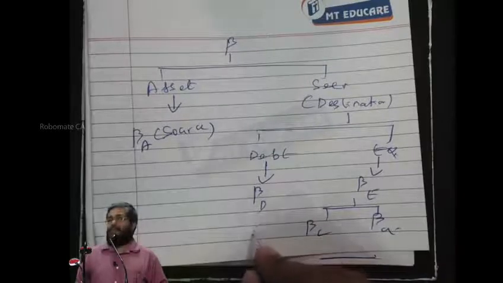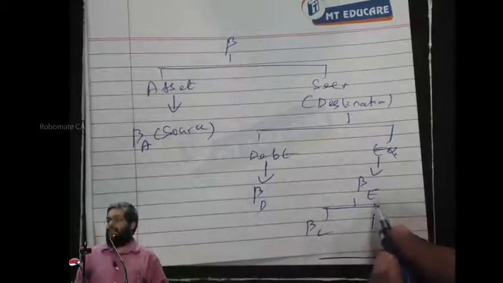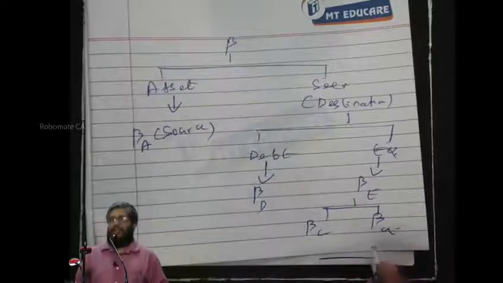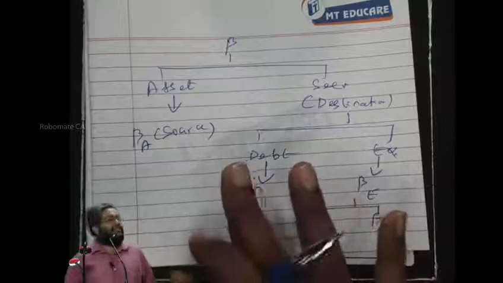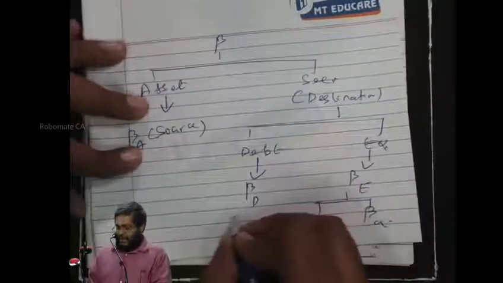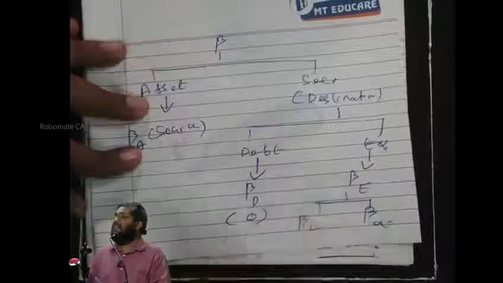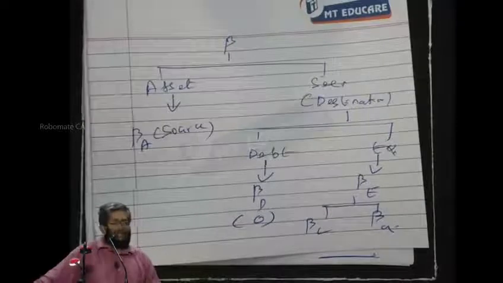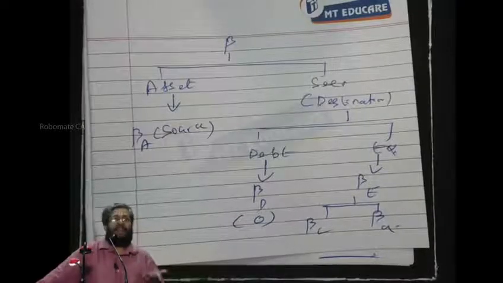There is a beta for debt security and a beta for equity shares, which is further classified into levered beta and unlevered beta. Respond yes or no? Now, first of all, this debt beta will be assumed as 0. Debt beta is what? 0. Whatever happens, they receive the same interest.